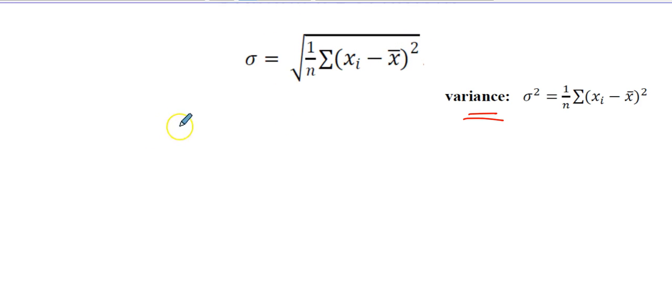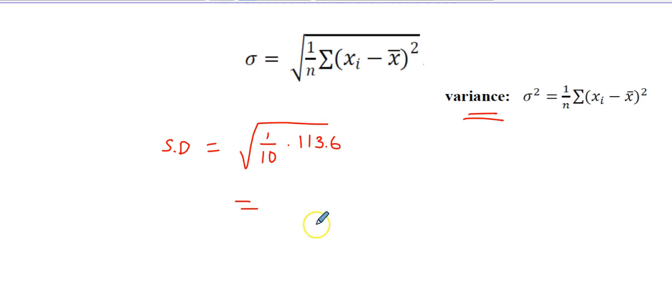So what are my values? That standard deviation, or that sigma, is equal to square root of 1 over 10, where 10 is the number of items, times this sum, 113.6.